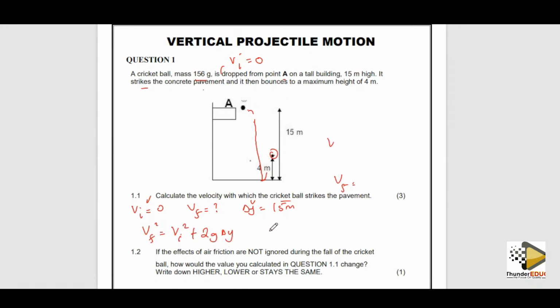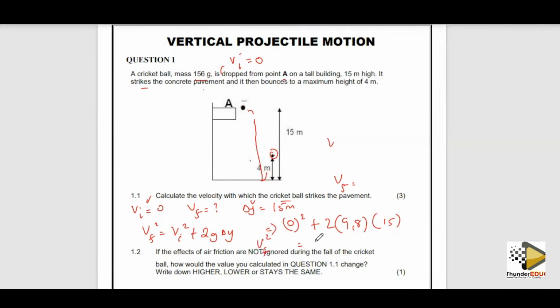Then I'll do my substitution. That's going to be our vi, which is 0 squared, plus 2 times 9,8 times the displacement, which is 15. When I put that into my calculator, 2 times 9,8 times 15 gives me 294.